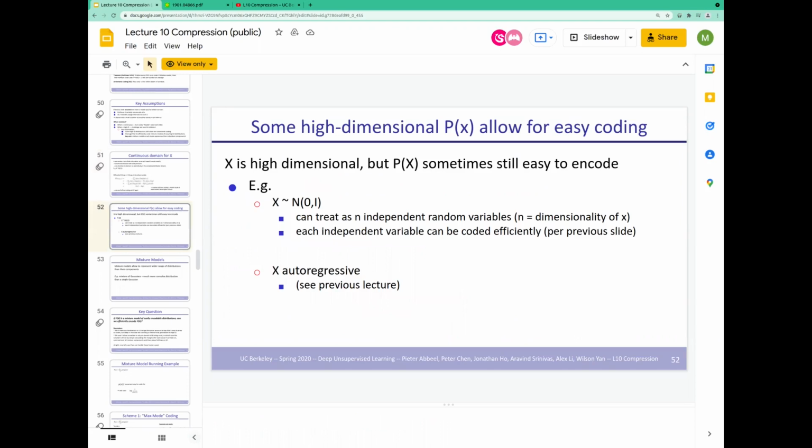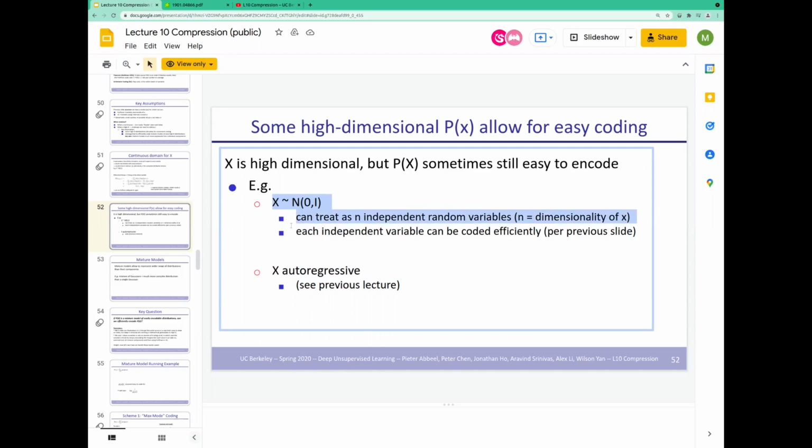So let's look at the other case where p of x, where x is high dimensional. If x is normally distributed, then the way to deal with it is either use an autoregressive model, where each dimension is dependent on the other ones, or treat each dimension as independent random variables.